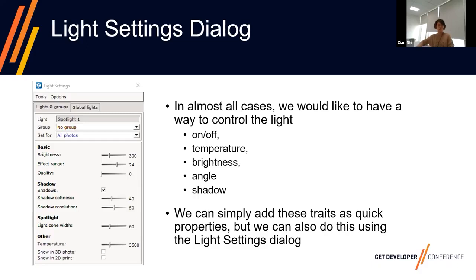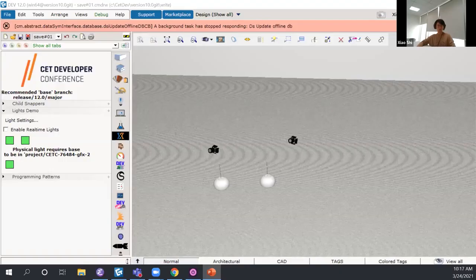You can see it has many different properties, and if you bind correctly for a group of snappers, then when you toggle the brightness, it will change all at once. Okay, let's do a quick demo for that.